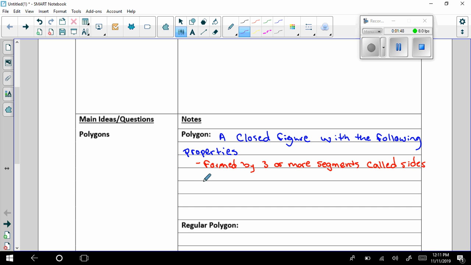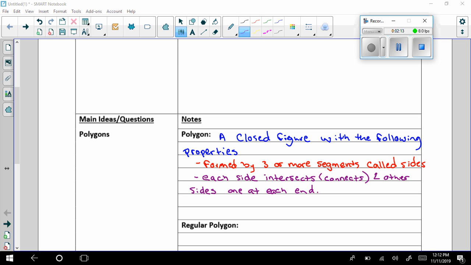Also, each side will intersect or connect with 2 other sides, one at each end. So that, again, goes to the fact that they won't cross over each other. It will only connect with 2 other ones, never more than that, and it has to connect with something. So if you have one just floating in space, it's not a polygon.